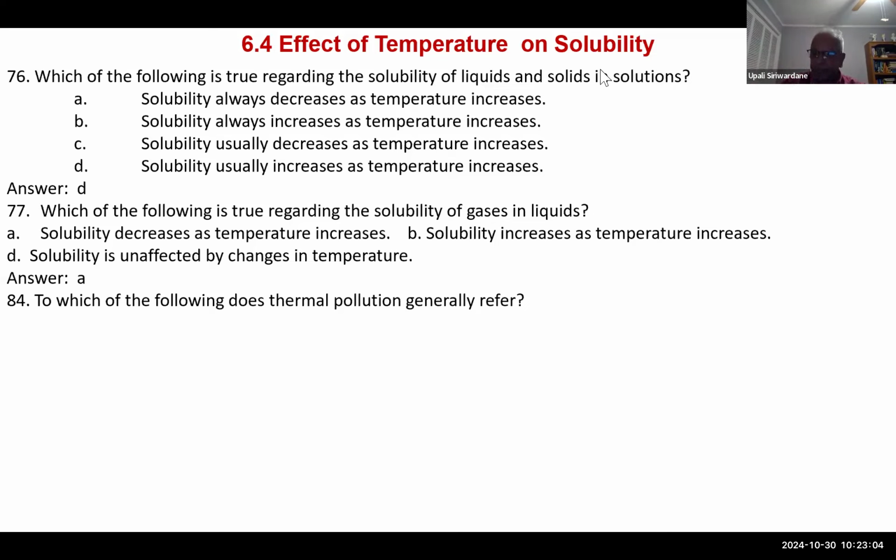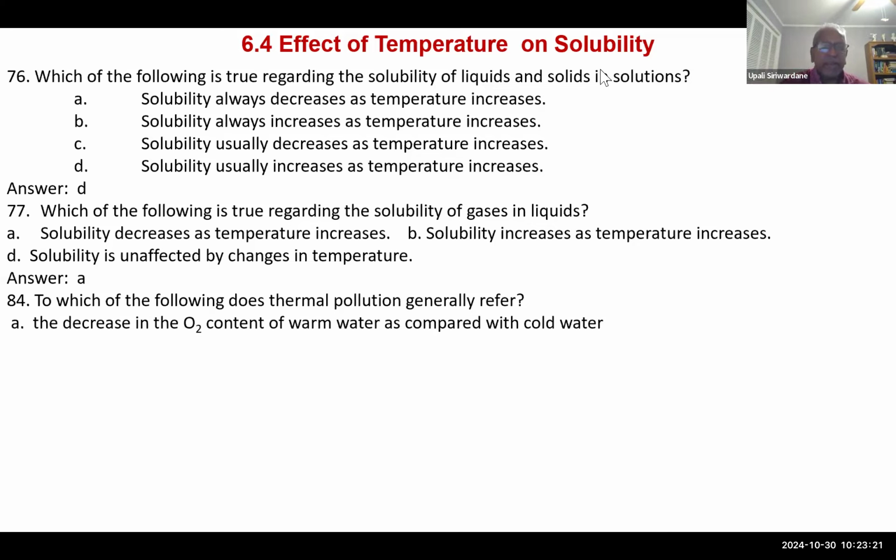Hot water is added to the lake or stream. What is the effect of putting hot water in? It decreases the oxygen content of warm water as compared with cold water.